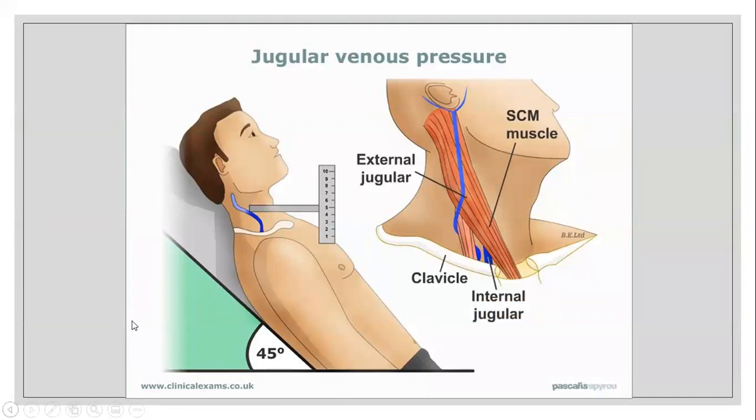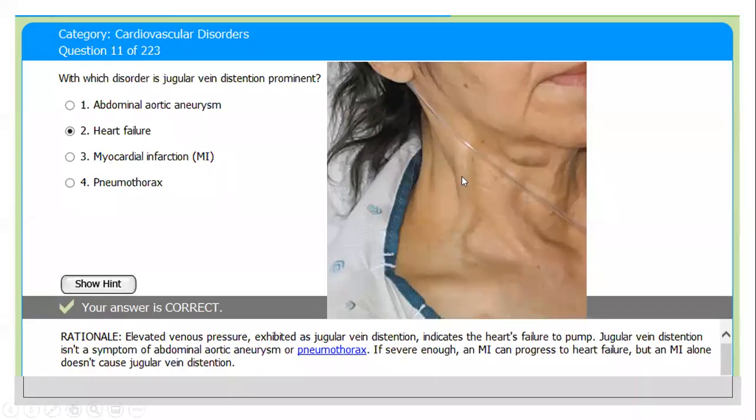Here we can see how to measure jugular venous pressure. So this is the sternocleidomastoid muscle, internal jugular vein, external jugular vein. Jugular vein distension is when a vein on the side of the neck appears to bulge. It is a bulging vein.